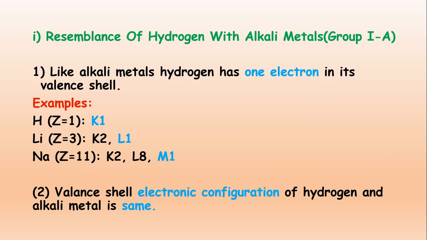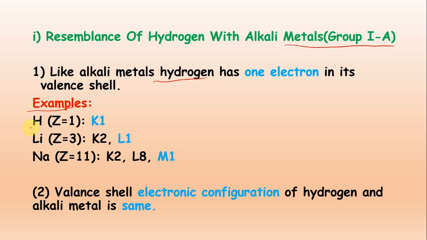Number 1, resemblance of hydrogen with alkali metals or group 1A. Like alkali metals, hydrogen has one electron in its valence shell. Hydrogen has only one electron in its valence shell. In the same way, alkali metals also have one electron in the valence shell.